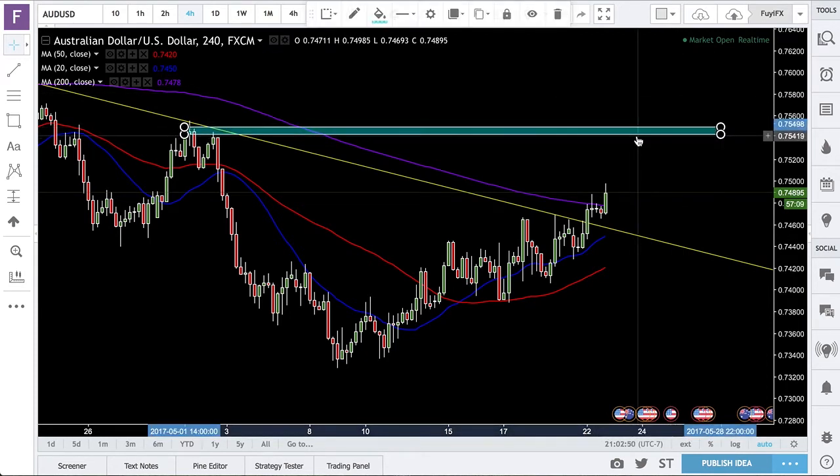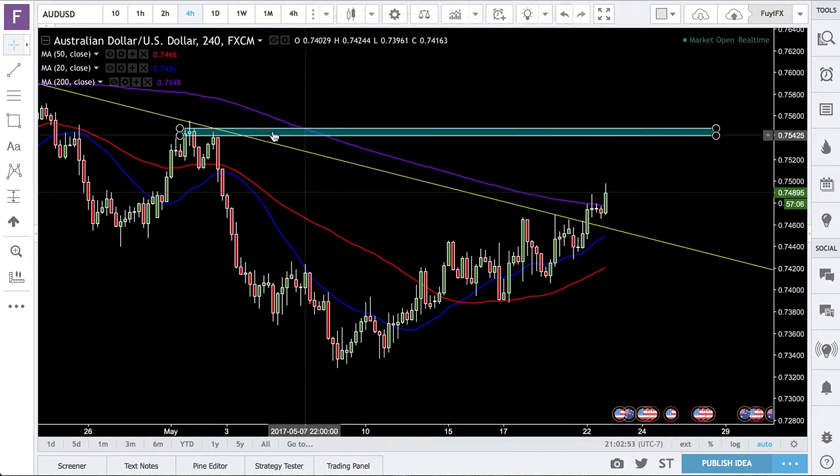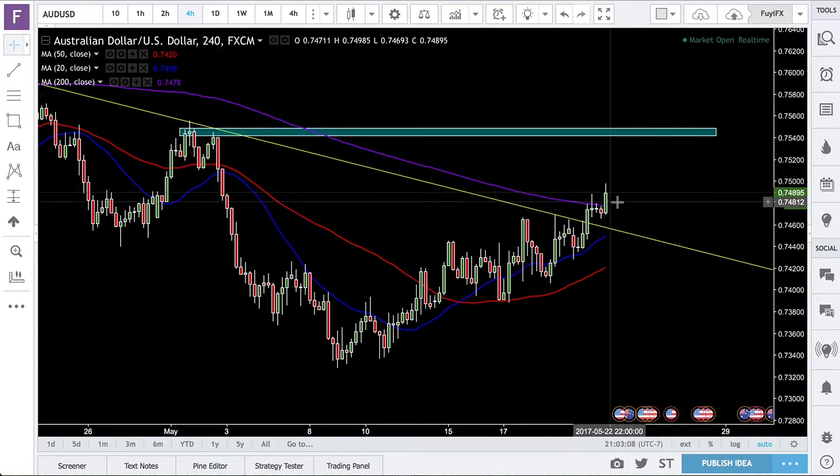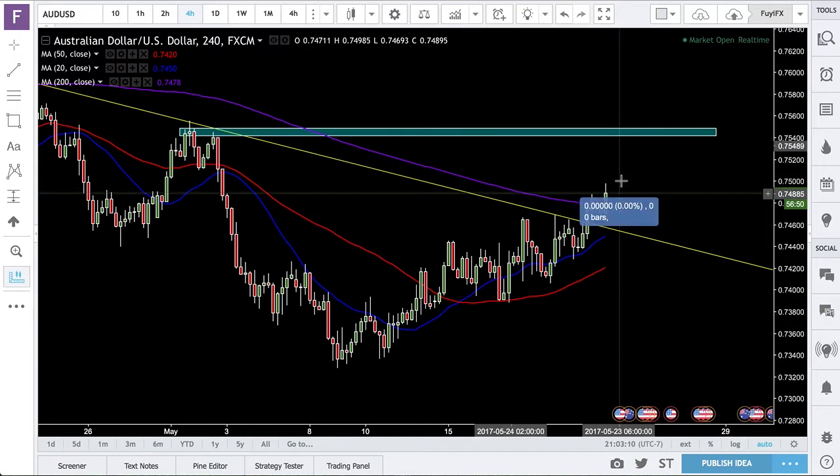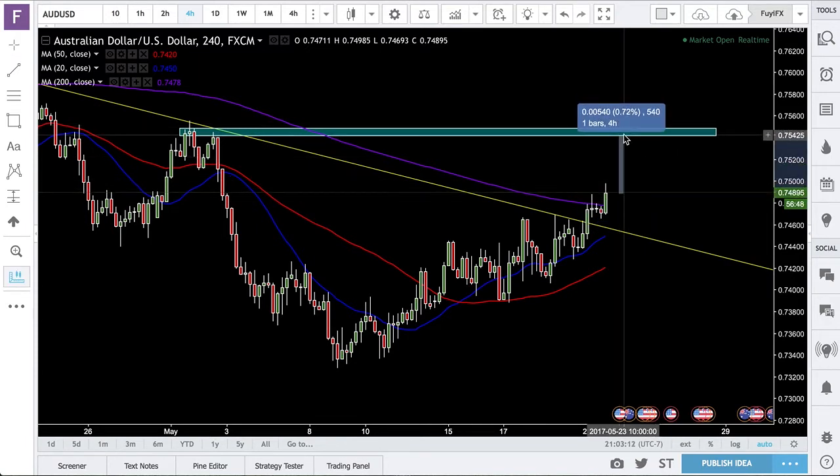It's not perfect, but you could see the last time we kind of stalled out here, went sideways, was about 0.755, maybe 0.754. So anywhere around here, I'm expecting price to move up into that level. So from its current price, that could be a 55 pip move or so.